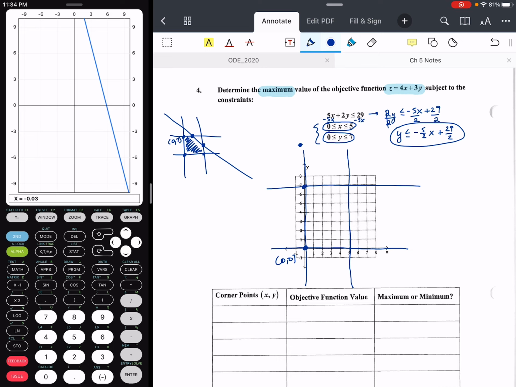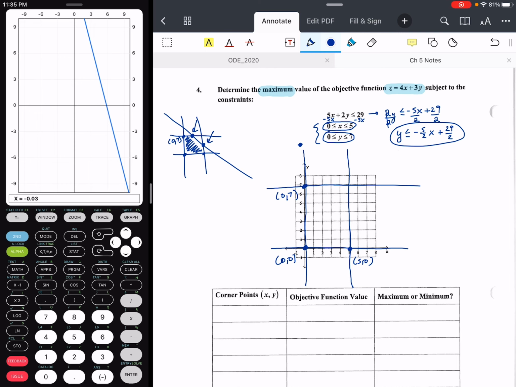That's going to be my 0, 7. This guy is my 5, 0. So I just need to try and figure out what these two are. Okay, so I'm going to cheat a little bit while I'm graphing this. And in my lab math, this would be a little easier because you could actually see your intercept, but just the way that this graph is drawn, that's why I'm cheating a bit.